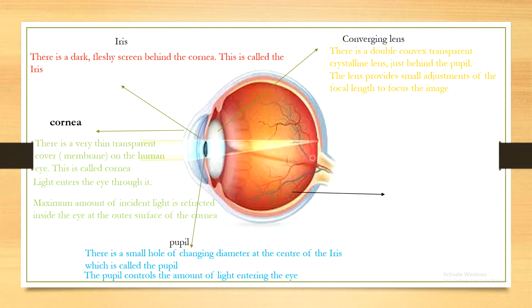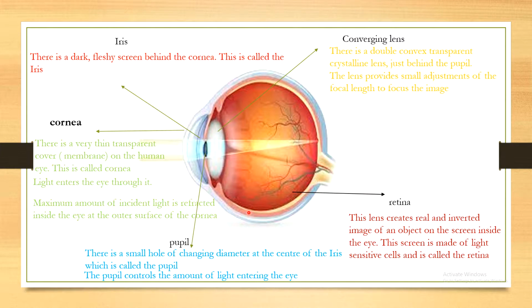Now this screen is made up of sensitive cells, and it is called the retina. These cells get excited when the light falls on them and generate electrical signals, and these electrical signals get conveyed to the brain through the optic nerve.